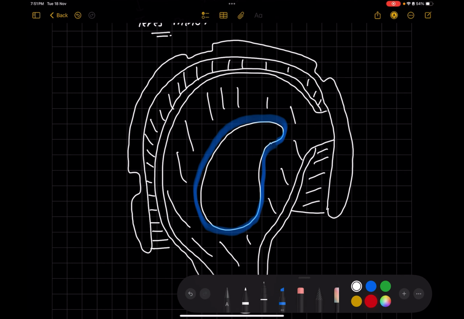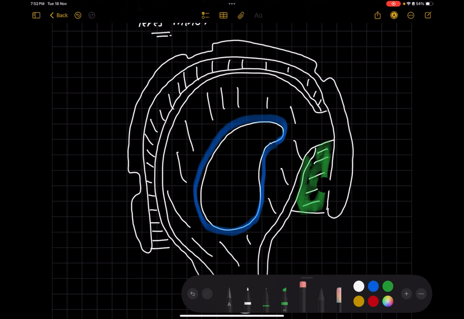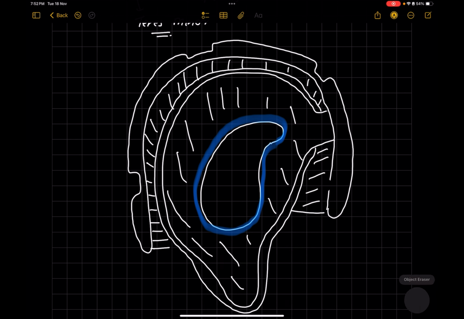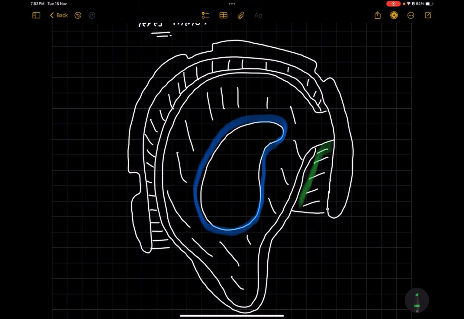Let me highlight it in green. This portion is your tendon that is given off by these muscles.